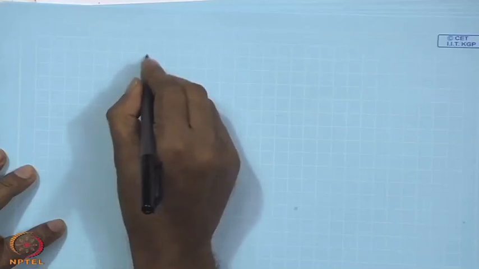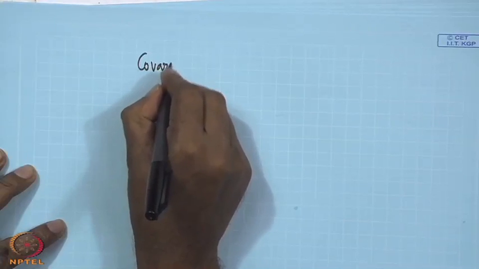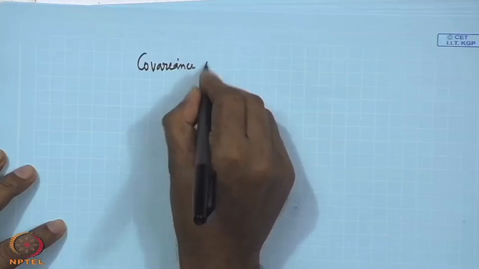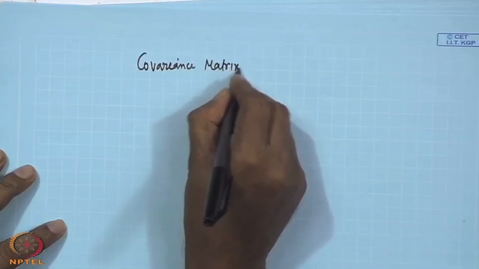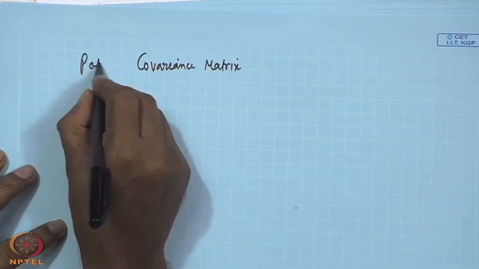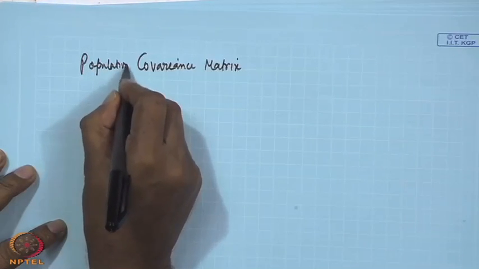Okay. So, we are interested to know covariance matrix. Let us discuss from the population point of view first, that is the population covariance matrix.